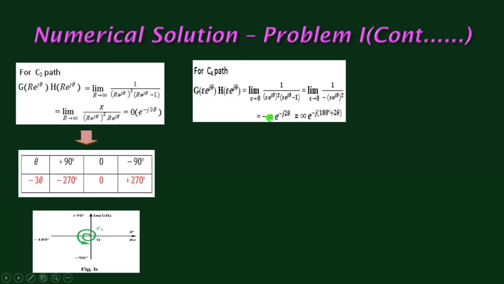So minus infinity to plus infinity, that means negative side to positive side. So a 180-degree angle is shifted. That is why a 180-degree angle is added. Then we get the magnitude positive, where the angle is 180 plus 2 theta.